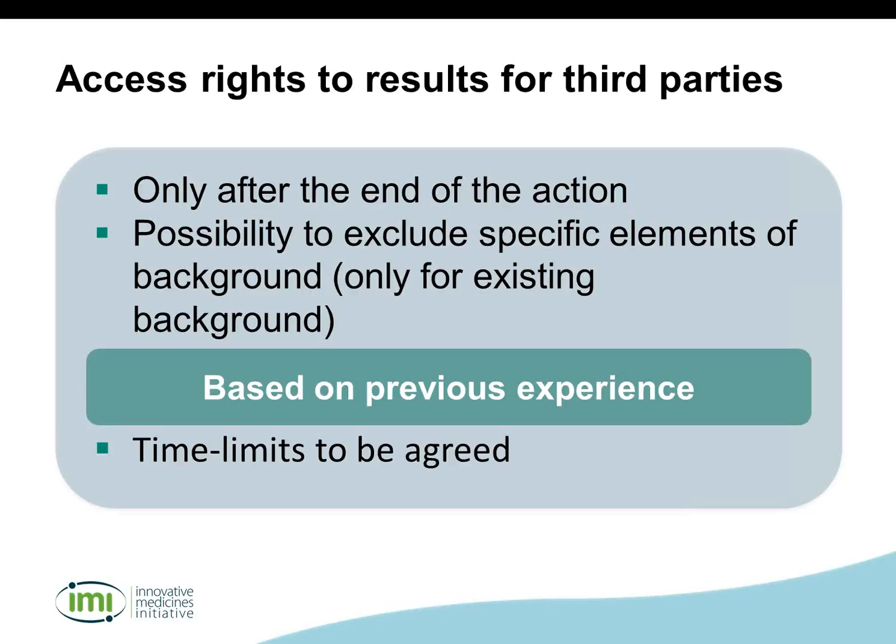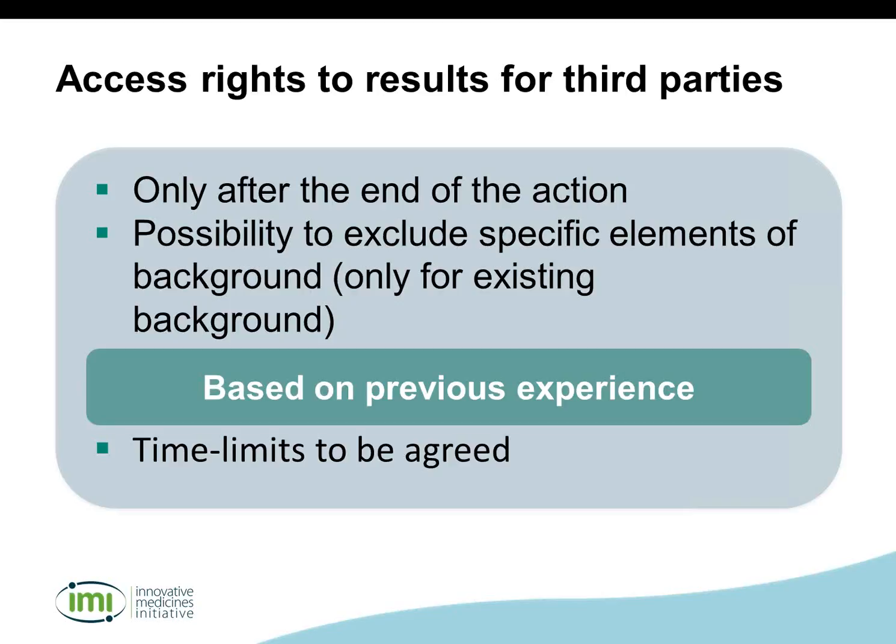So you should give this access, but this access can be requested only within certain time limits. These time limits have to be agreed upon by the consortium itself in the consortium agreement and should be communicated widely, in order to make any potentially interested third party aware of the time limit.